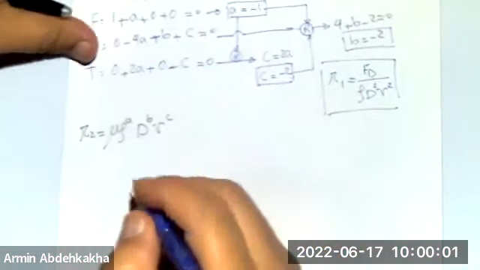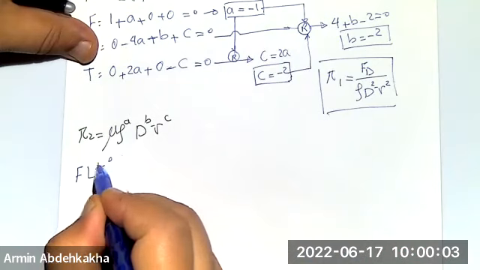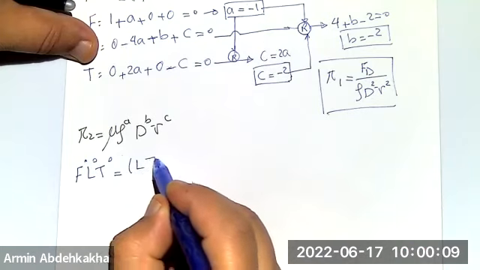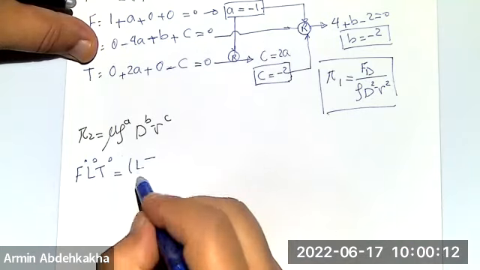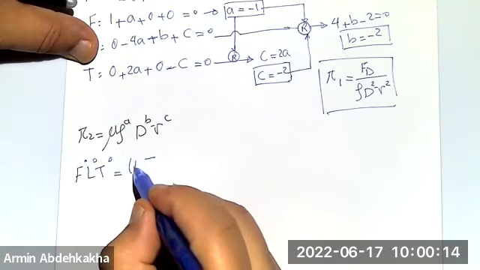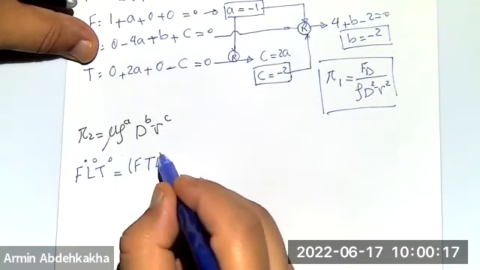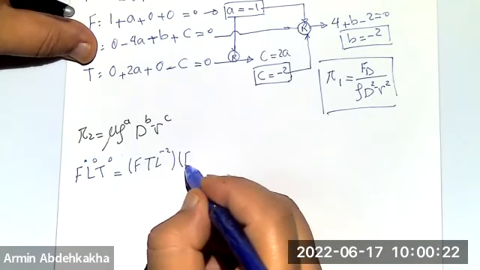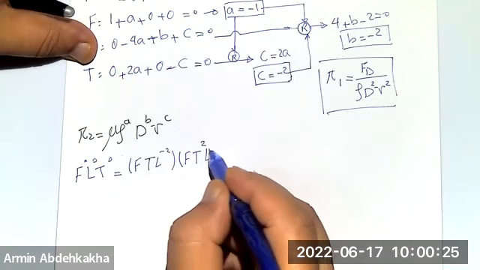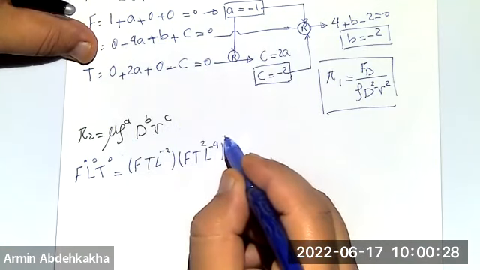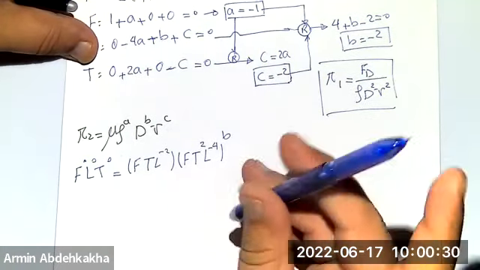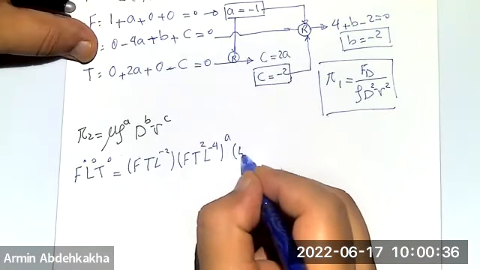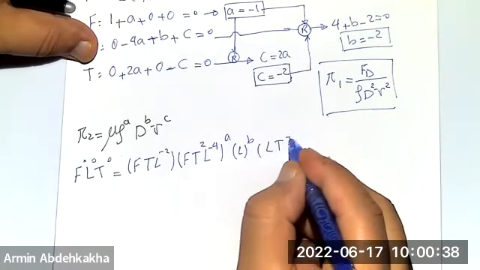Now F L T, sorry, F T L minus 2 for mu, then F T squared L minus 4 to the power of a, L to the power of b, and L T minus 1 to the power of c.